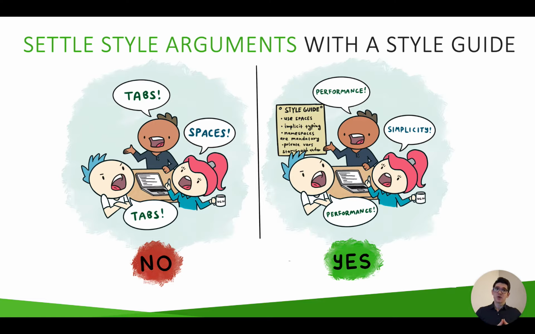The best way to excise style debates from your code reviews is by keeping a style guide. Once defined, it can be referenced in any code review and allows you to discuss important parts, like performance or simplicity or other main points of why we do code reviews.